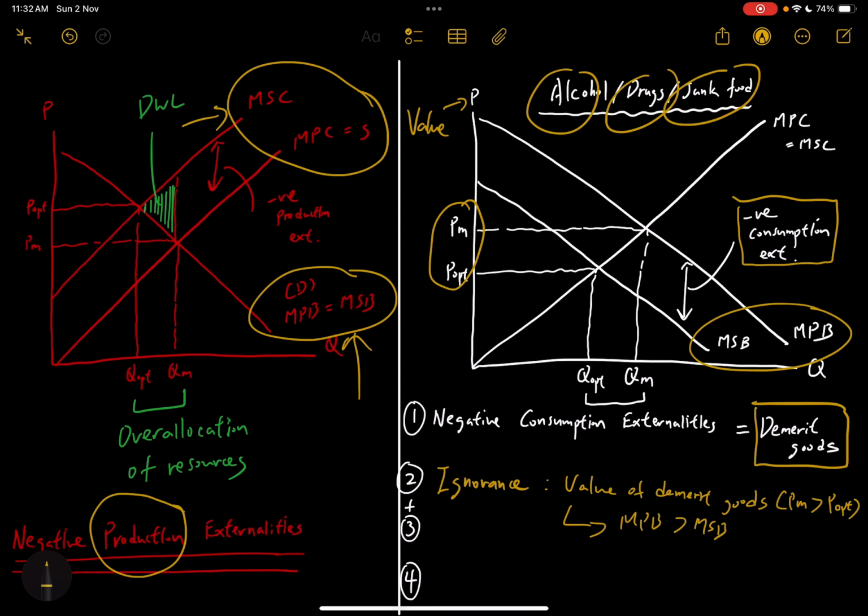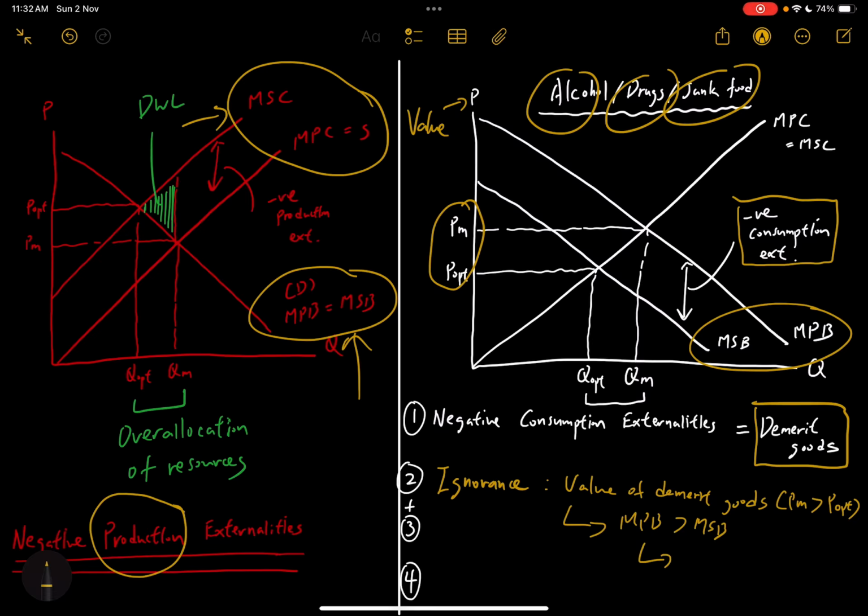We ignore this externality completely because to us it's so attractive to have more of this kind of good. That is pretty much why we are consuming a little more, and that is being justified by the quantity labels as well.